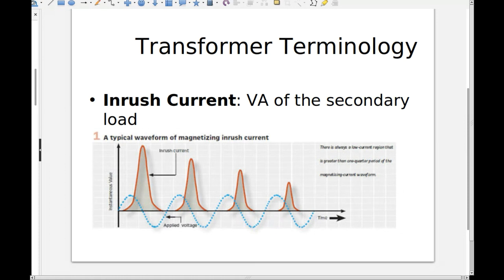The transformer was sitting there with no current flowing through it, so the core is not magnetized. When you first hook it up, you have to actually get that energy into the coil, so you get these spikes of large current, which is energizing that coil.